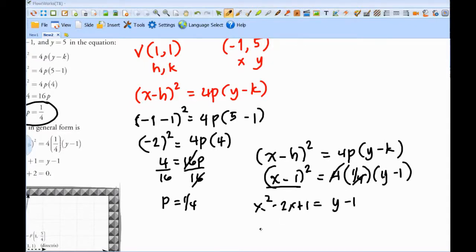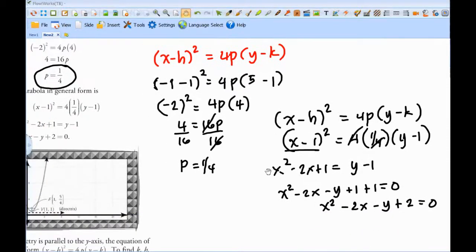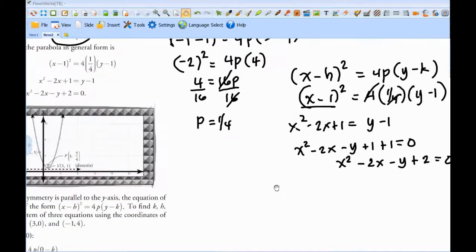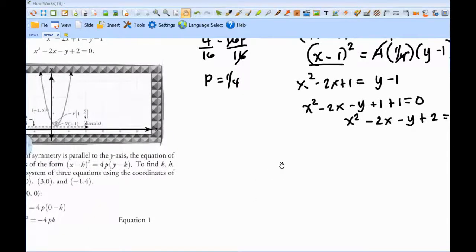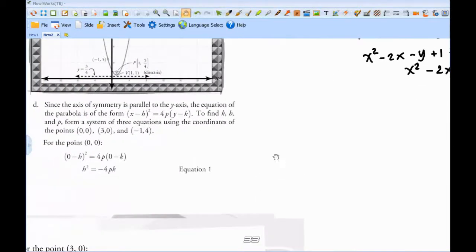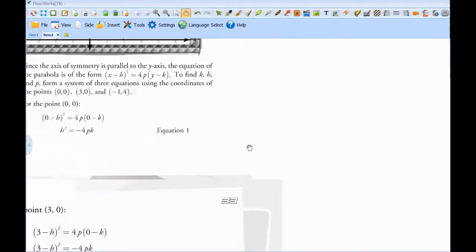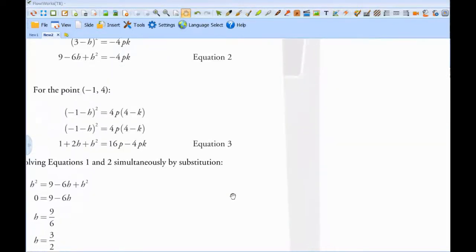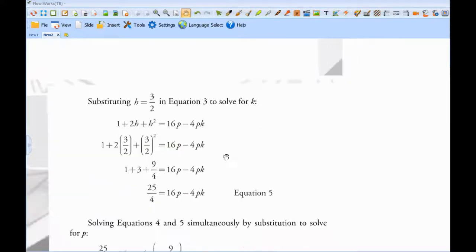Then after that, we have x squared minus 2x minus y plus 1 plus 1 equals 0. So x squared minus 2x minus y plus 2 equals 0. Okay? So if you graph that, that's the value. And you know the latus rectum endpoints. Okay?